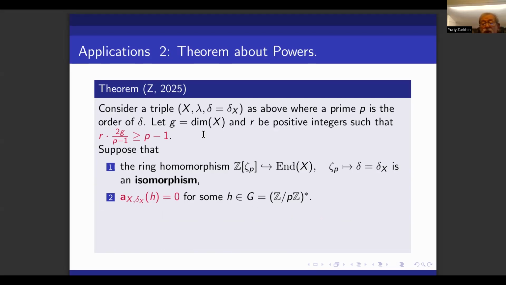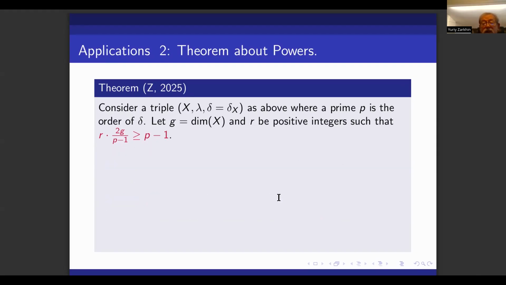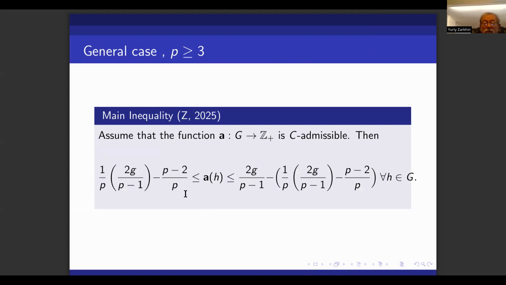It just follows from the main inequality that appeared on the previous slide. Because, well, if this guy is positive, that means that a(h) should also be positive for all h.